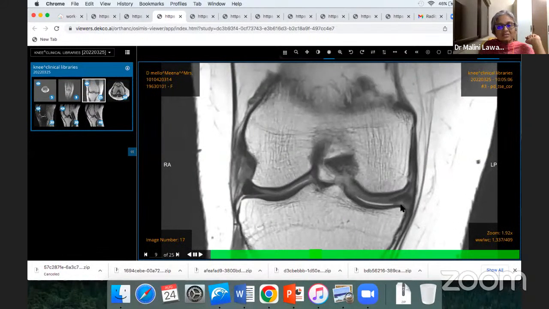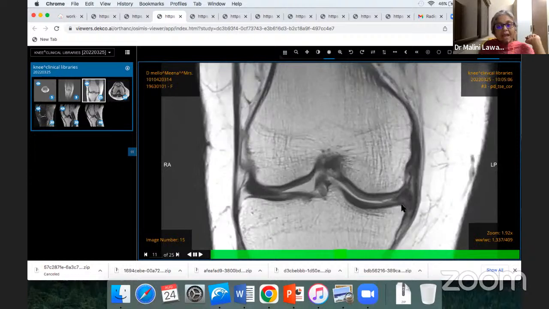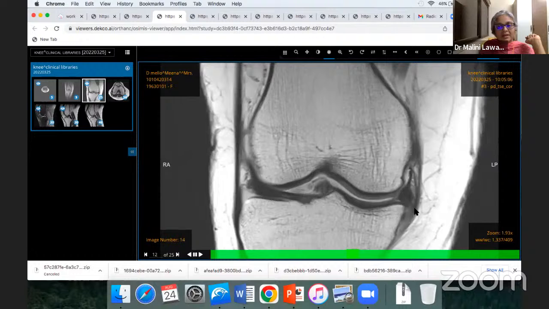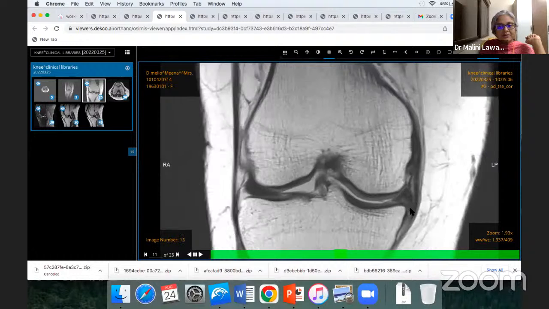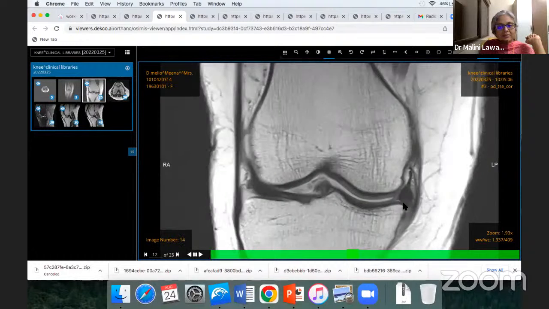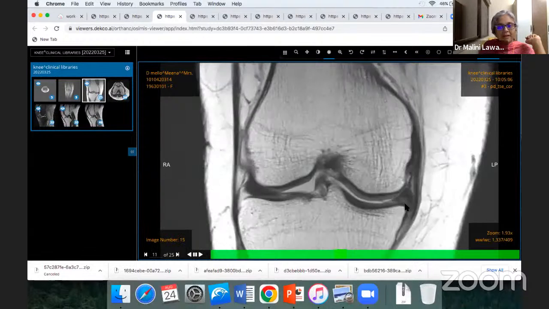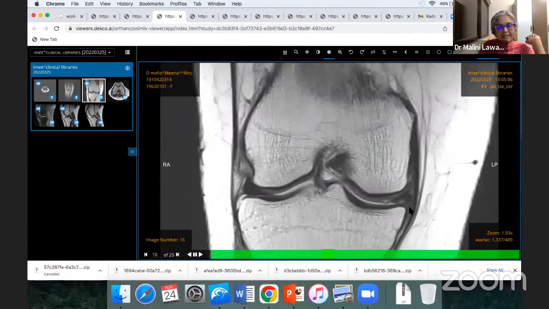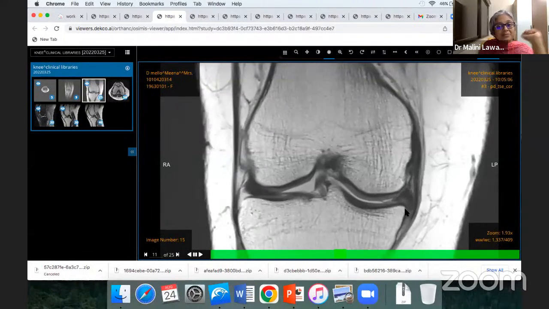So this is an undersurface, an oblique tear. And as you come further, can you see this flap here, a piece here? This is blunted, it's not triangle. There's a defect here, and that flap has come here at this location. So these flaps can be subtle, and we have to look for them very carefully.